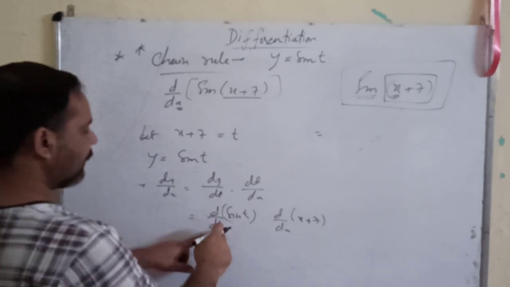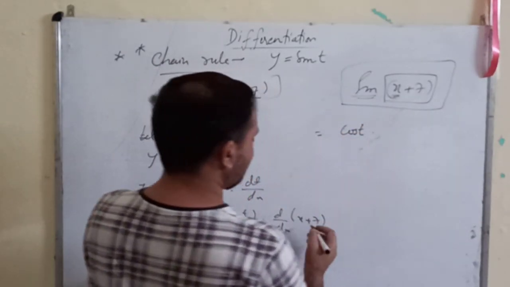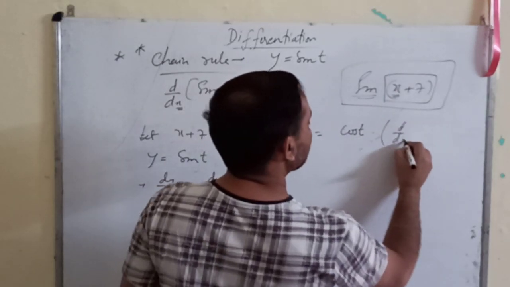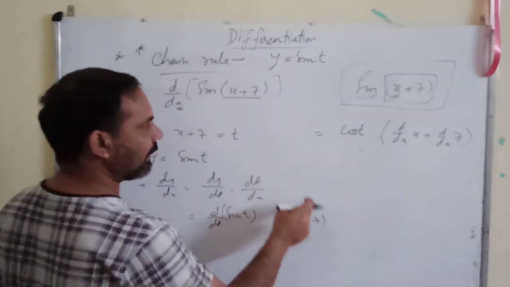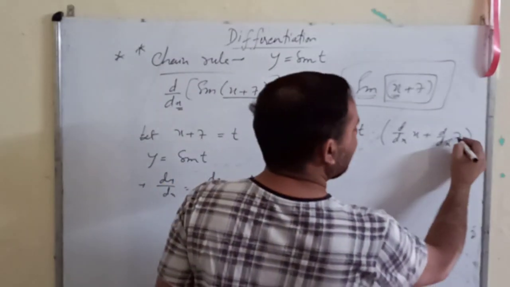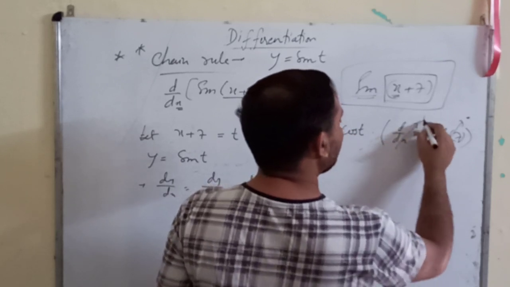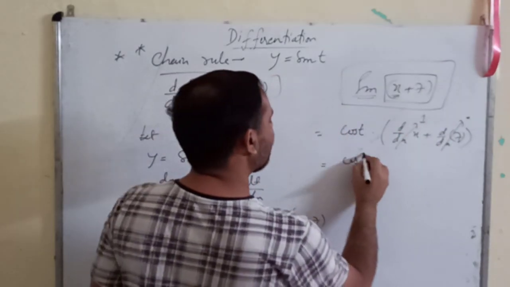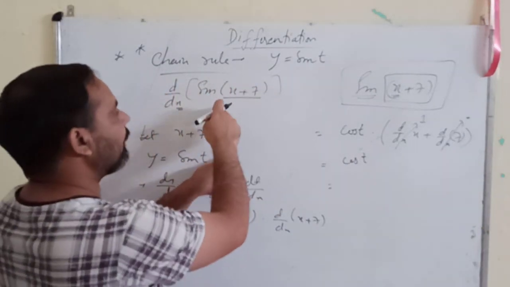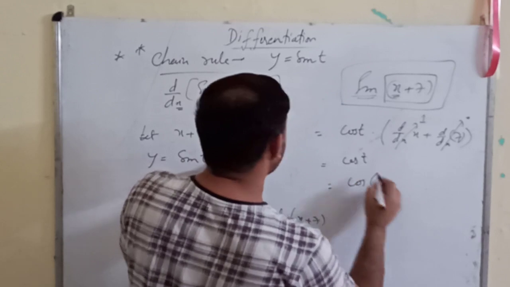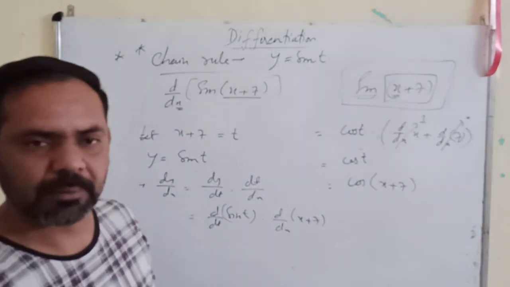So derivative of sine t is cos t and derivative of x plus 7 will be d by dx of x plus d by dx of 7. You will take separately, just now I told you. So derivative of 7, this is a constant term, will become 0 and dx by dx will be 1. So you have cos t. Now t was assumed by you, it was not given to you. So you will replace that t by x plus 7. This is your answer here.